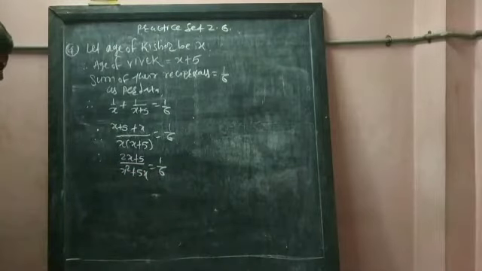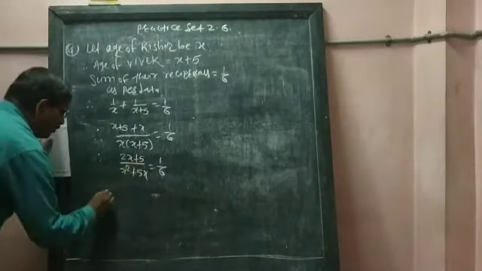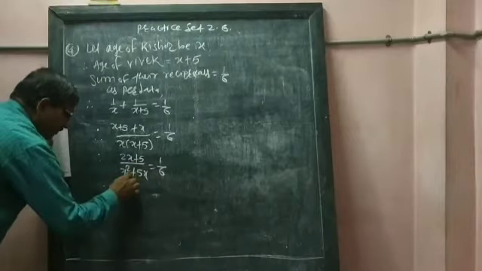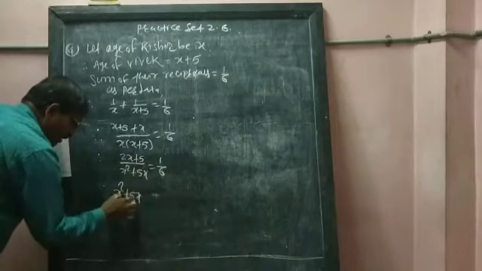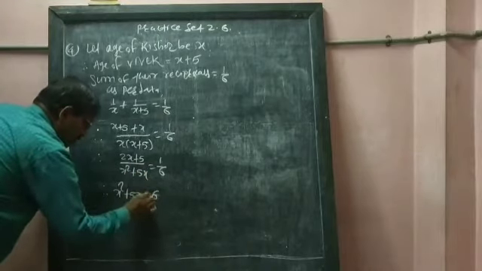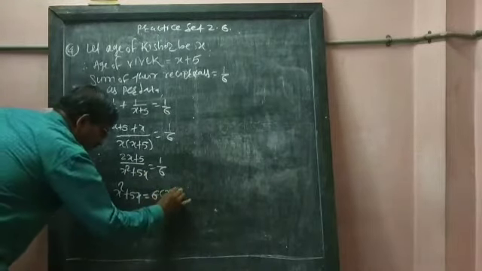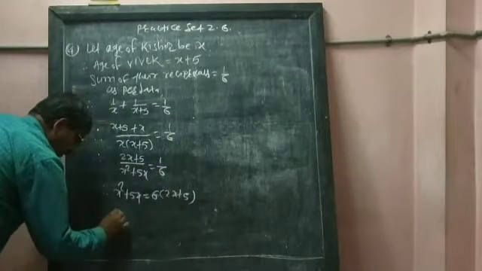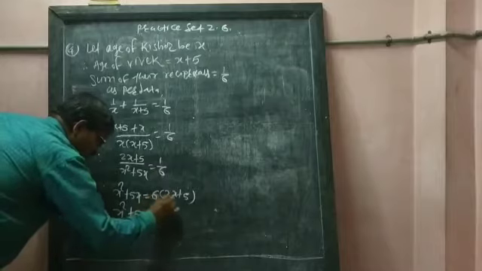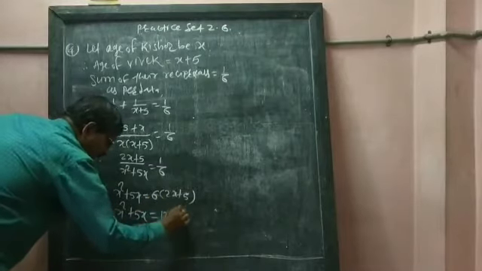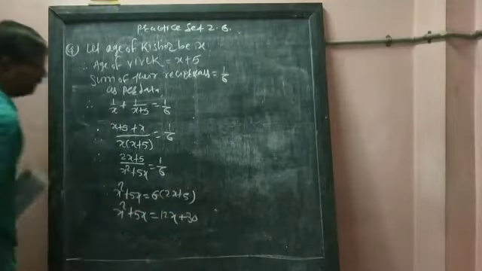Now again do cross multiplication. 1 into x square plus 5x means x square plus 5x is equal to 6 in bracket 2x plus 5. Thus x square plus 5x is equal to 6 twos are 12x and 6 fives are positive 30.